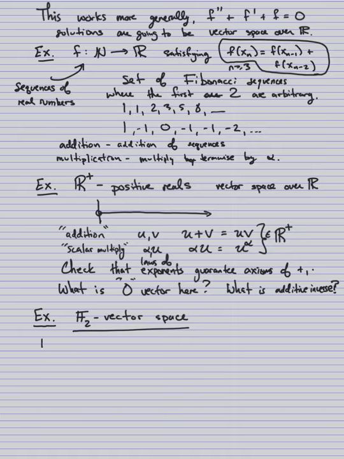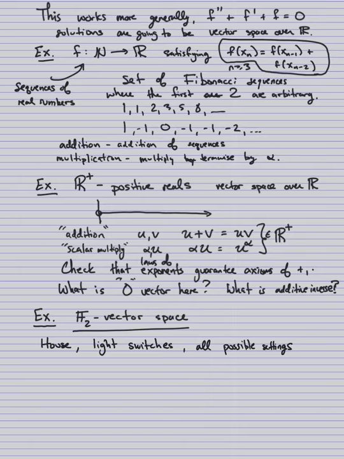Take your house, look at all the light switches in there, and look at all possible settings. I'm assuming you don't have dimmer switches, so it's just on and off.